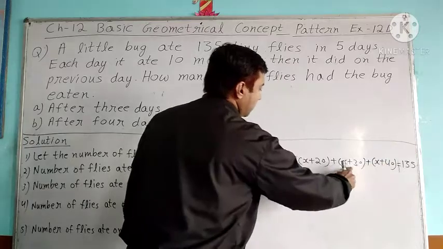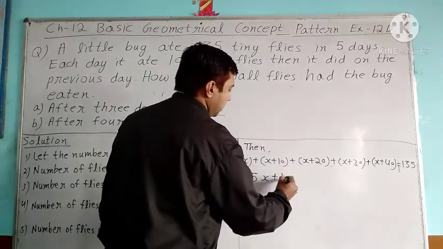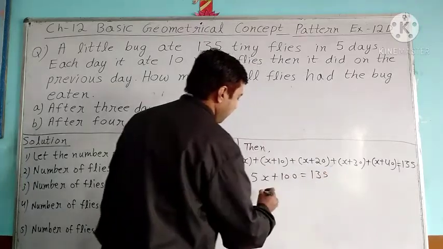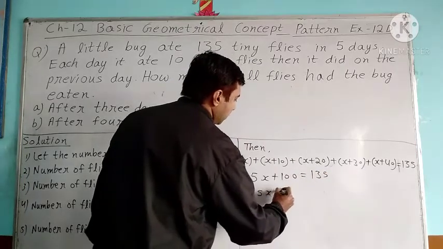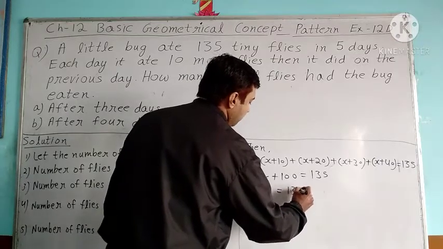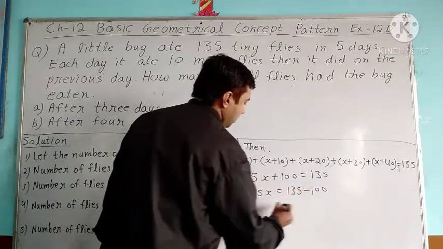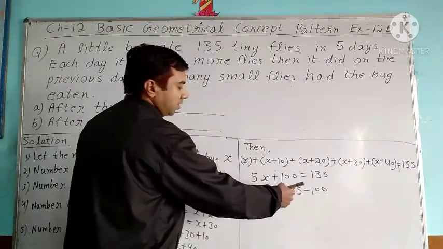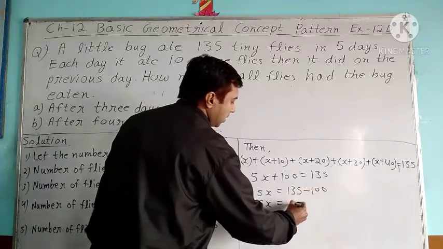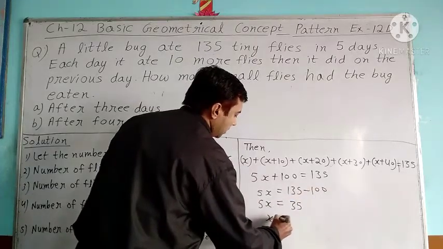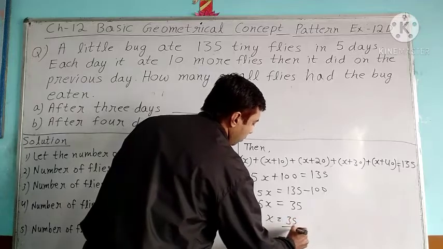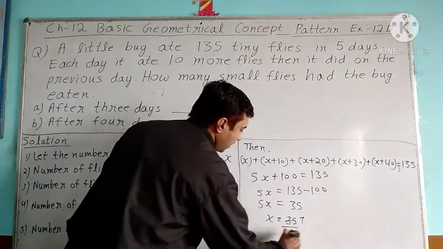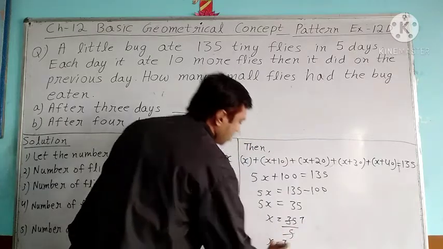Now see 10, 20, 30, 40: 10 plus 20 is 30, 30 plus 30 is 60, 60 plus 40 is 100. 5x plus 100 is equal to 135. 5x is equal to 135 minus 100. 5x is equal to how much? 135 minus 100, 35. x is equal to 35 upon 5. 5 sevens are 35. So what is the value of x? Value of x is equal to 7.